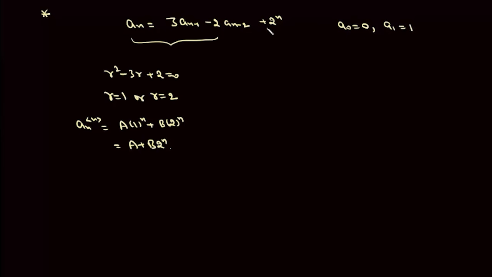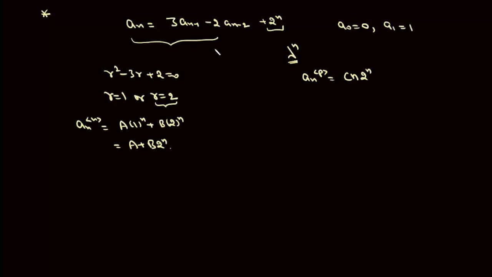Now for the particular solution, we have this of the form λ^n, and here this λ is a characteristic root because we have one of the roots as r = 2. And once we have λ as a characteristic root, we try a_n^p as Cnλ^n. So we'll try this particular solution as Cn·2^n.